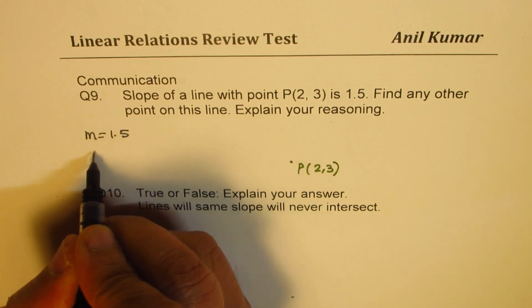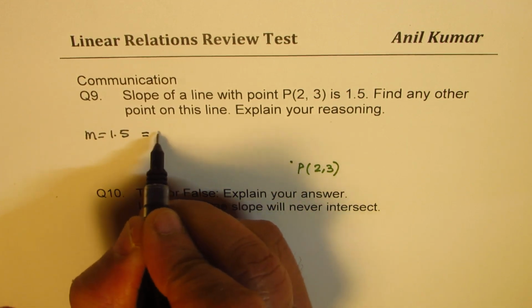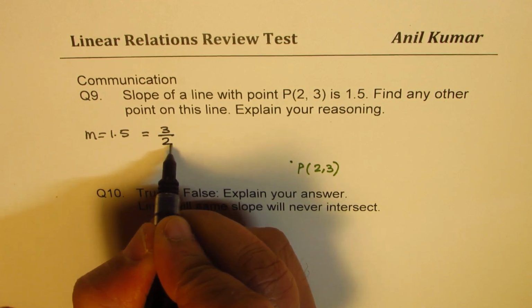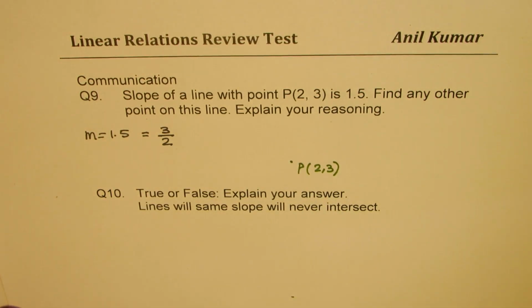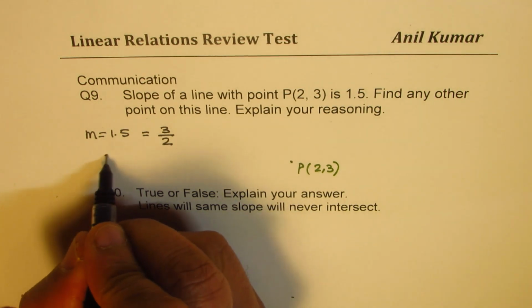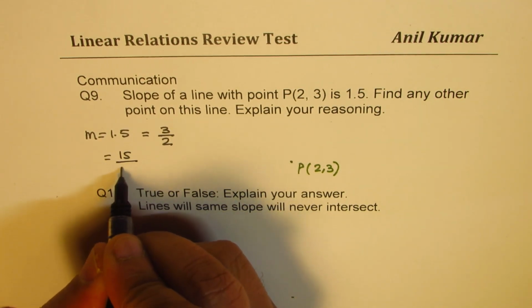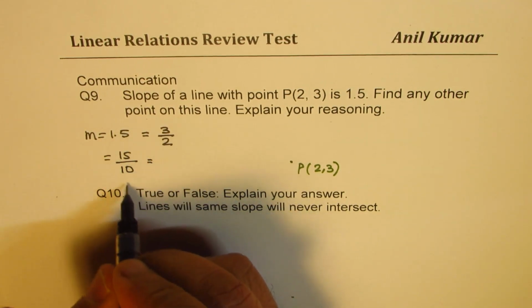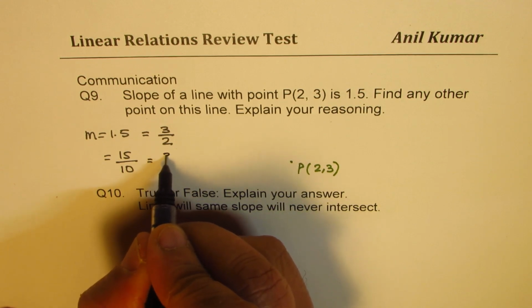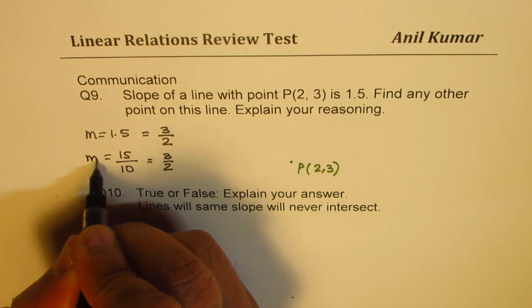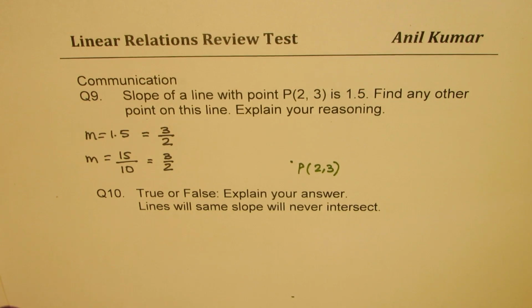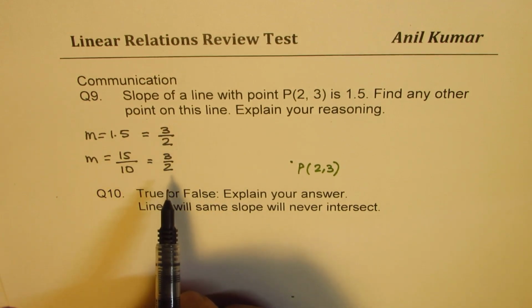1.5 means what? That really means 3 over 2, right? 1.5 is 3 over 2. You could also write sometimes as 15 over 10 and then divide by 5 to get 3 over 2. This is another way. So the slope is 3 over 2. Now, what does this mean?